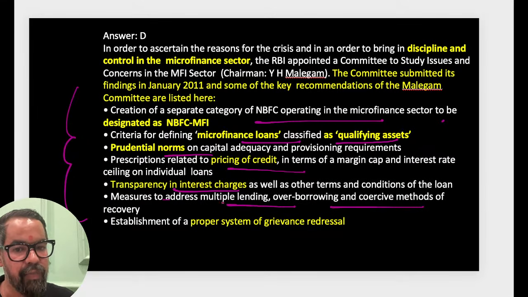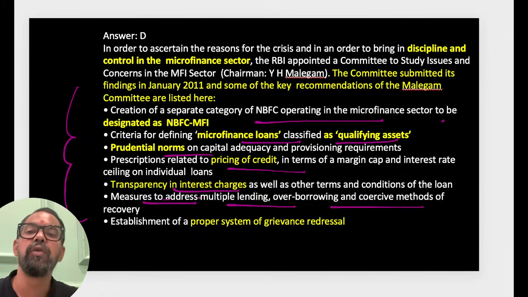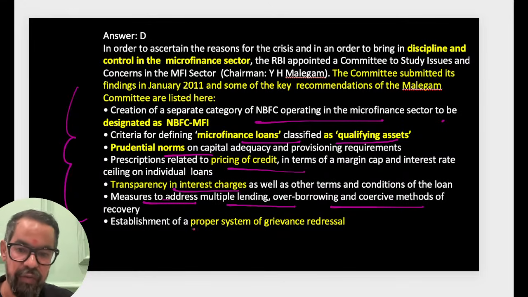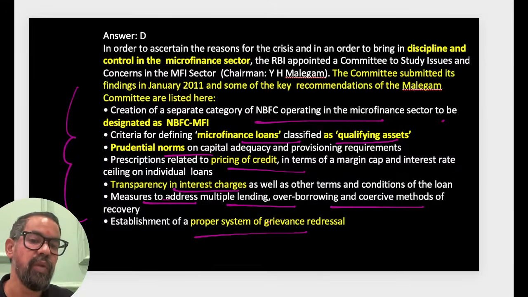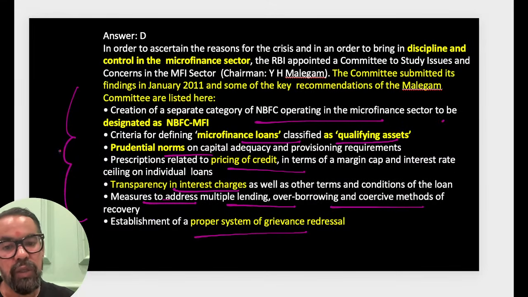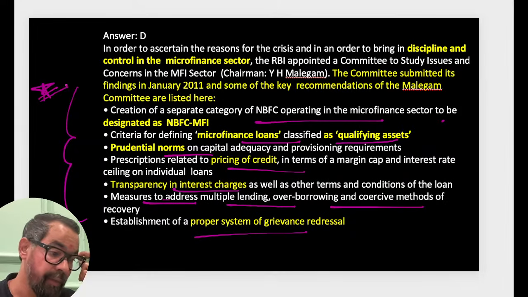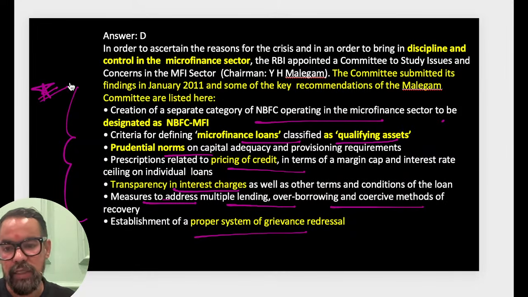So it is आपका basically there should be आपका proper measure for those one. ऐसा नहीं कि there is a forceful recovery and all, and the timing of call from the recovery agents and all. So that should be predefined. Establishment of proper system of grievance redressal. So these were the major recommendations of this particular one. ठीक है. So that was generally part of this particular.